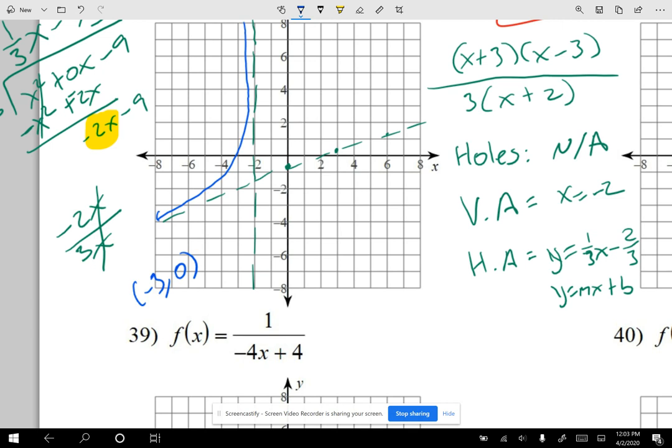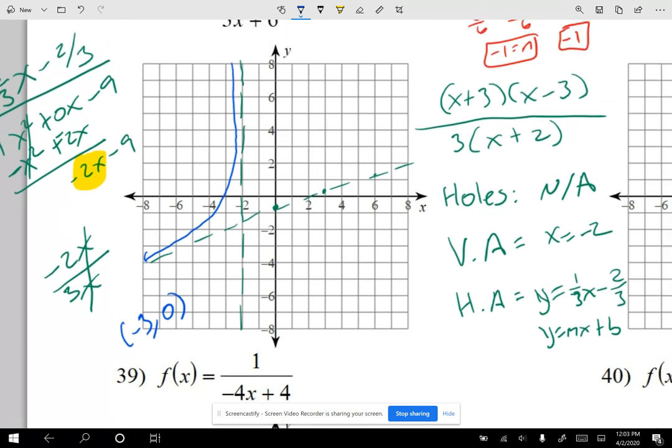All right, now let's take a look at the right of the vertical asymptote. My graph is either something like this, or something like this. One of those two. The way I'm going to find out is to choose a value of x that is to the right of the asymptote. Let's choose negative 1.